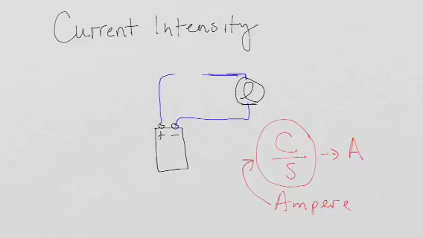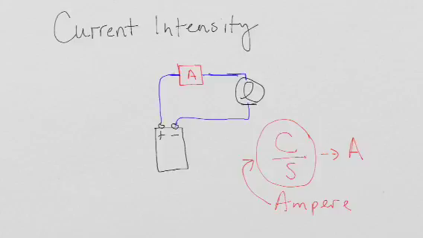And this little box, and I'm going to draw it in red here because most of our actual ampere readers are red, so I want you to get used to those colors. Okay, so this little reader here has a wire going into it on one side and a wire leaving it. And its job is to measure how many coulombs actually pass through this box every second.